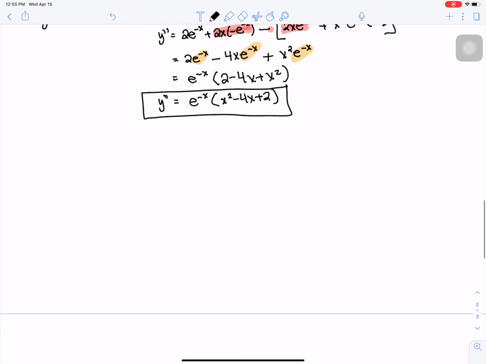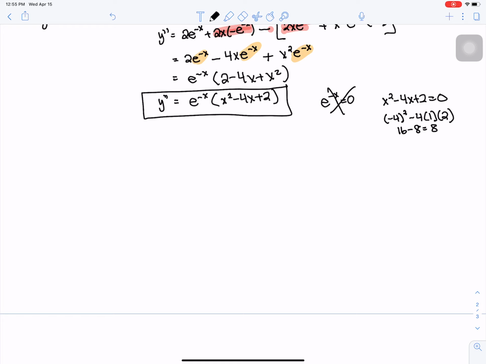We need to find the critical points. So e to the minus x equals 0, not possible. x squared minus 4x plus 2 equals 0. I need to determine, is this quadratic going to factor or not? I'm going to do the discriminant, b squared minus 4ac. So 16 minus 8, which is 8.